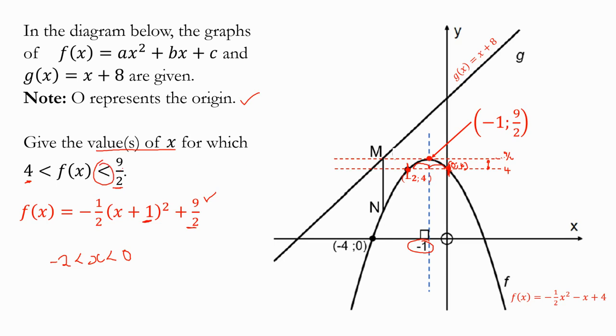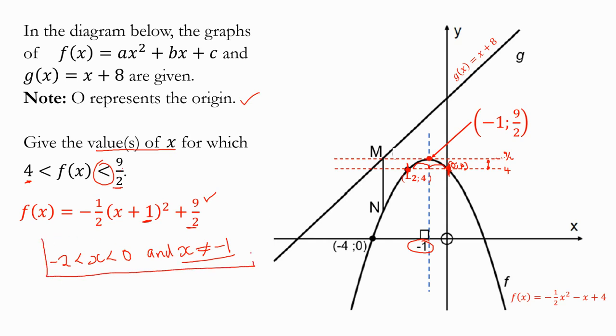So we cannot include this point, x equal to -1. You have to write that part there: x cannot be equal to -1, because when x is equal to -1, the function is equal to 9 over 2. You see that? So this is our answer.